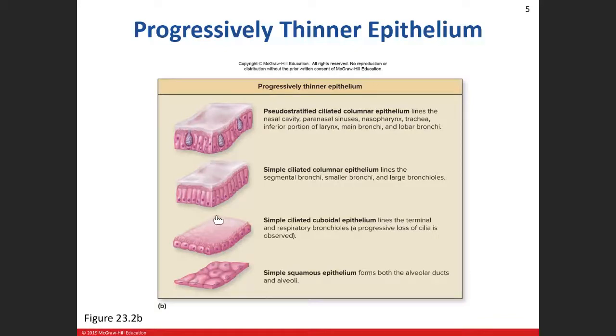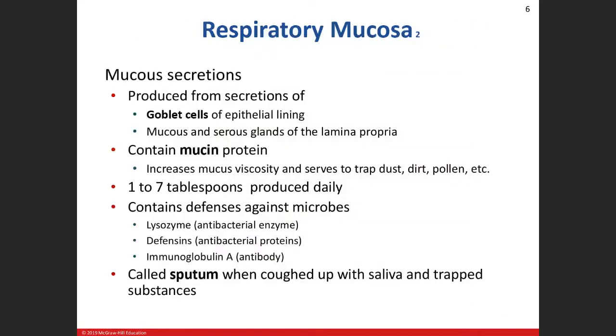You can also see that when we get down to the cuboidal, we actually have some cilia, not so much, but we have some. When we talk about the mucus, our goblet cells are mainly responsible for making that mucin, but we also have some glands in the lamina propria. Its job is to trap stuff: particles, pollutants, whatever we can. We trap all of this in the mucus.